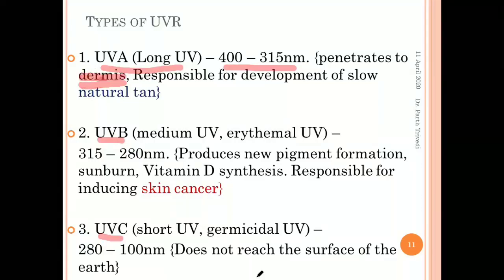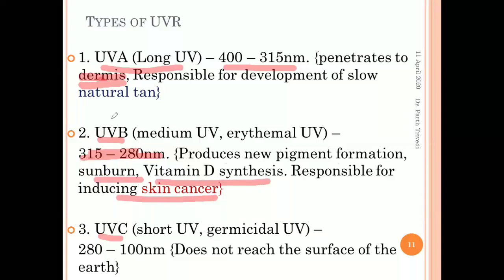Second is medium UV, which is your UVB, 315 to 280 nanometers. It is again responsible for inducing skin carcinoma, and it increases melanin component and vitamin D synthesis.